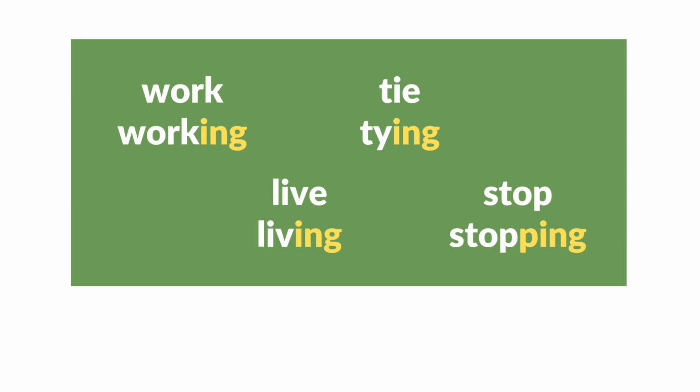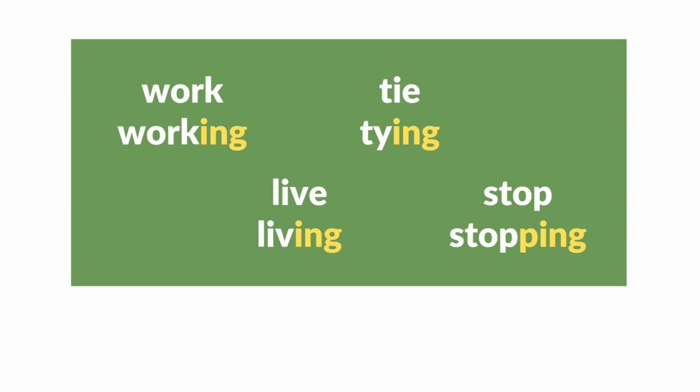As you see here with the verb live, living. When the verb ends in ie, as with the verb tie, we remove letters I and E, and we add ying, as you see here with the verb tie, tying.